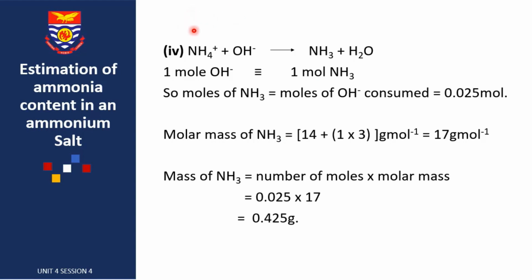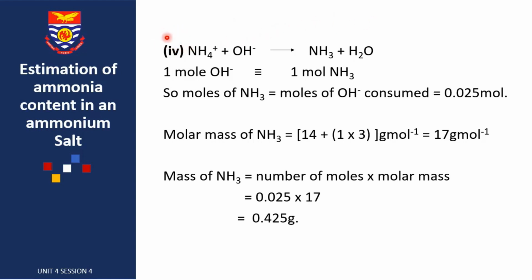We had the ammonium salt reacting with the sodium hydroxide to give us the ammonia and water. And here you should note that the spectator ions are left out, this is the ionic equation, so don't be confused. This one is representing the ammonium salt, this is representing the hydroxide, the sodium hydroxide, and we'll have this product.